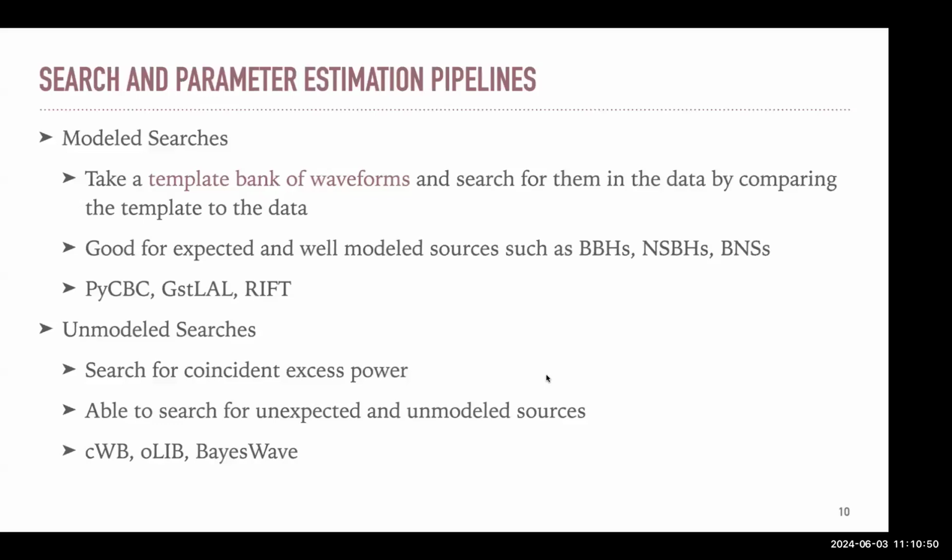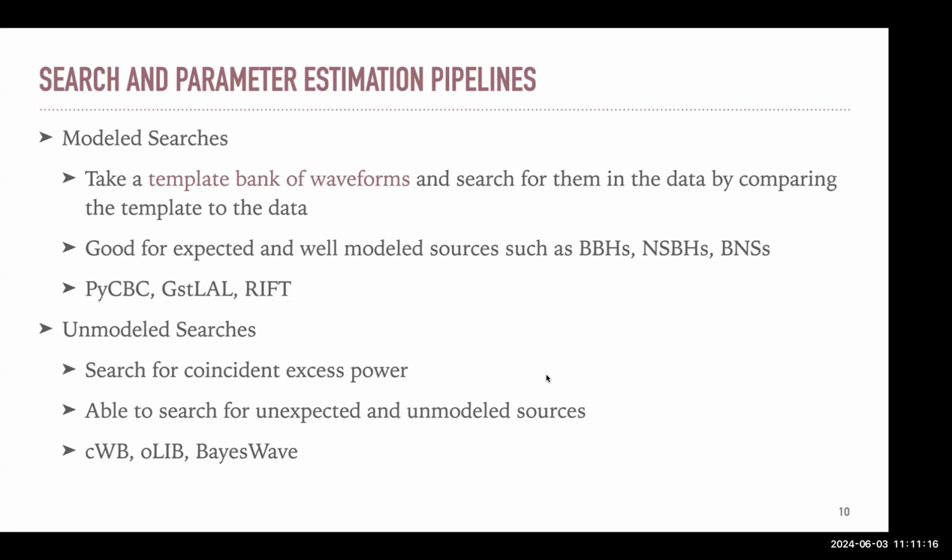All right, now how these things actually get found by LIGO. Well, there are a number of different search and parameter estimation pipelines. So there are modeled searches that take a template bank of waveforms and then search for them by comparing them to the data, moving them across the data, and finding a match, finding where it looks like the data.